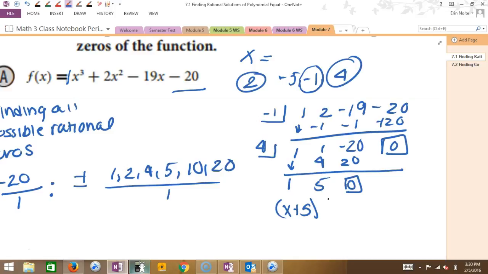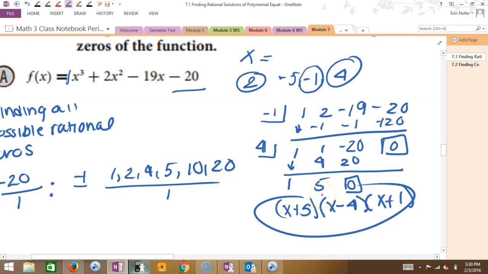I got a remainder of 0 when I used -1, so that's a factor. So how would I write all my 3 factors out? This is the part you need to be careful on. x minus 4, x plus 1. Okay? So that's how you show your factors.